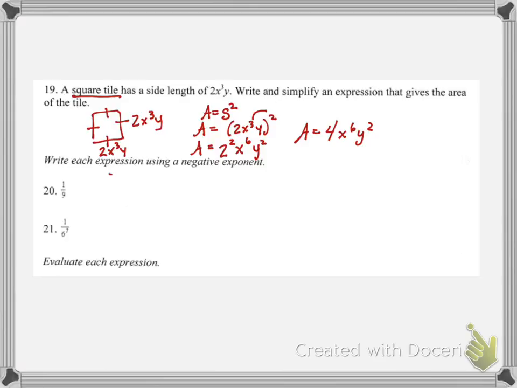A reminder on 20 and 21 that negative exponents, 1 over x is the same thing as x to the negative 1. Again, that would be a good example to write on your cheat sheet. So that I can rewrite 20 as 9 to the negative 1 power.